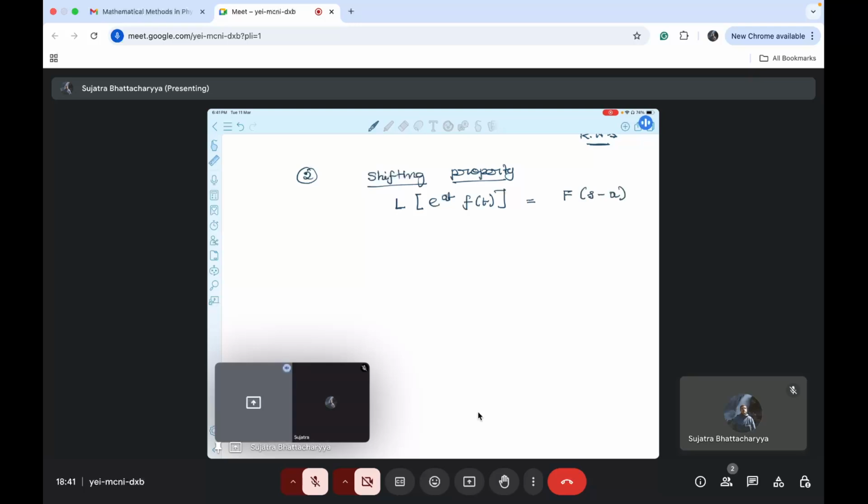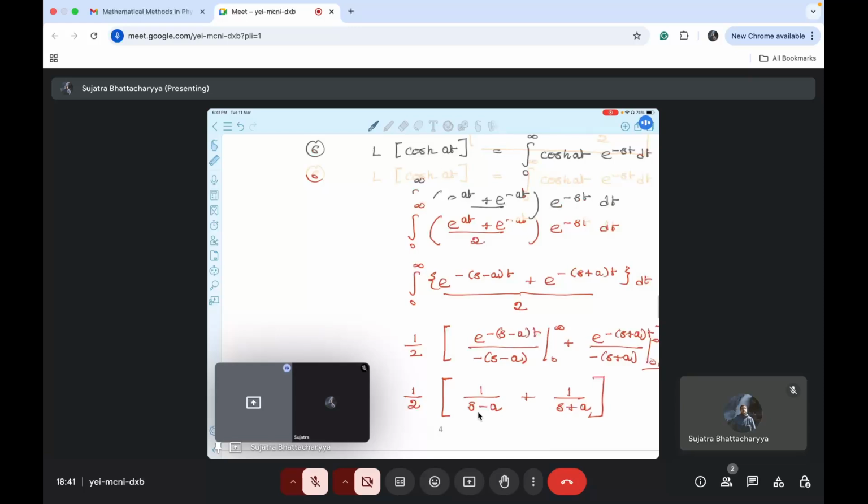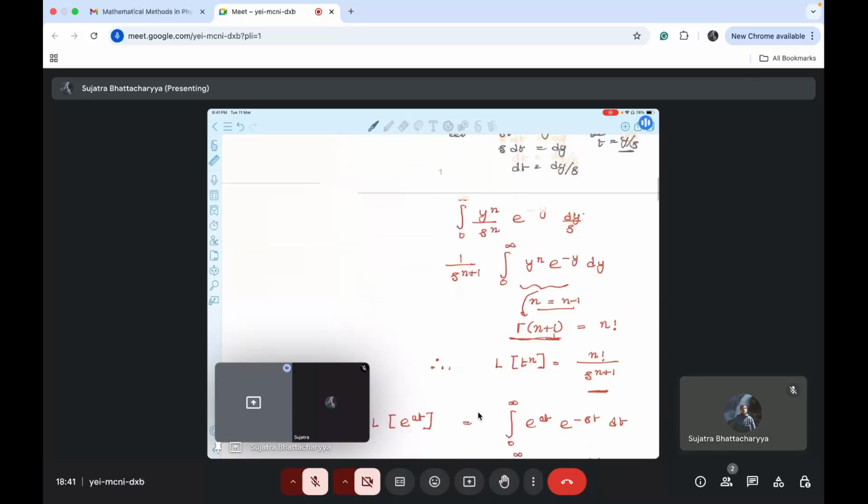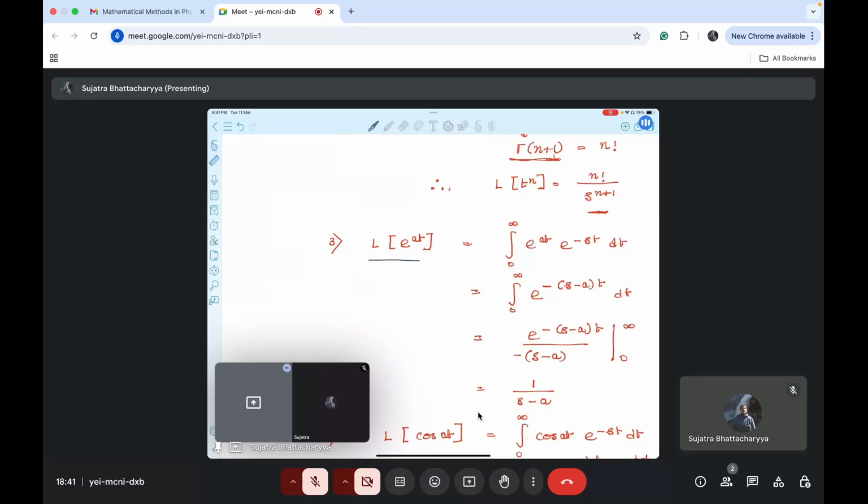We have already seen that whenever we have used e to the power at, we have derived it. The Laplace transform of e to the power at, we have found as 1 upon s minus a. So the important factor is that when we have taken the Laplace transform of 1, it gives you 1 by s.